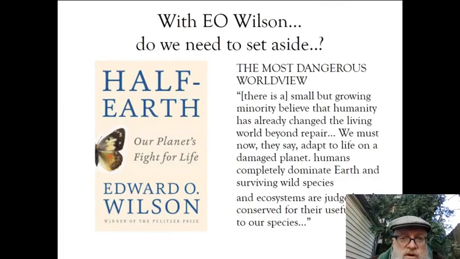We concluded the quarter looking at some of the themes in E.O. Wilson's book, where he concludes in a way that even he concedes might be regarded as insane, although of course it may be regarded as brilliant and necessary, the strategy of setting aside half the earth in order to protect the remainder of life's biota.